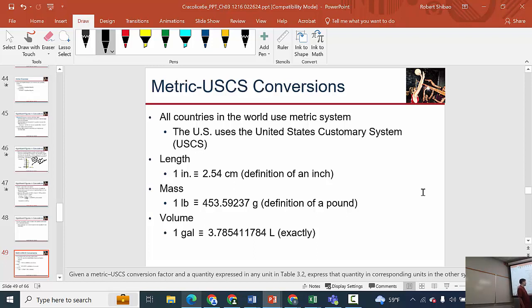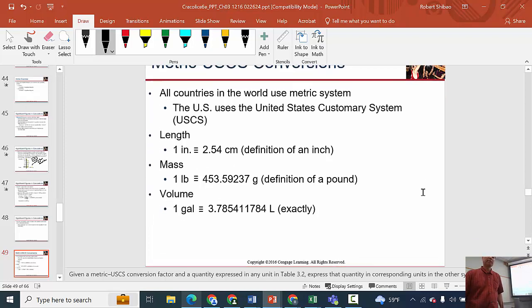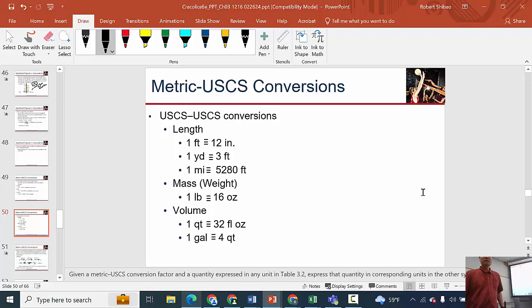But it's correct. There's 4 liters in a gallon. It depends on how precise we want to be. And we like to be 4 sig figs precise. 1 sig fig is not good.